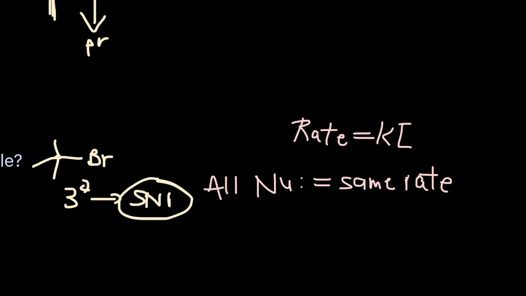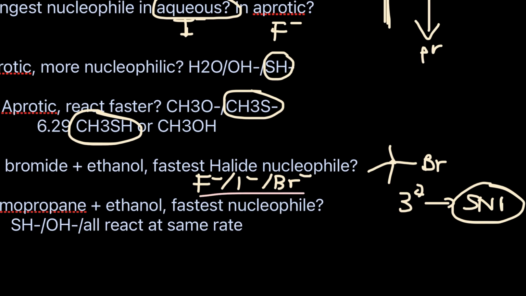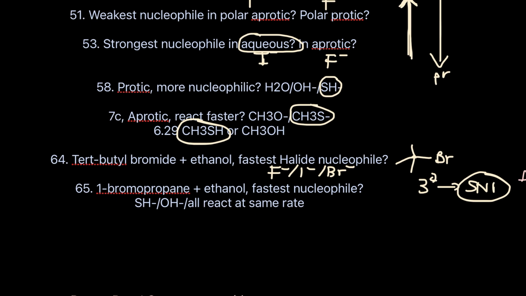Okay, so we only get one of the reactants, we do not get the nucleophile in here. So the identity of a nucleophile does not matter in an SN1 reaction. So if you have the option, say all three of these will react at the relatively same rate. Unless one of these is in greater concentration, then that will be the most effective nucleophile.